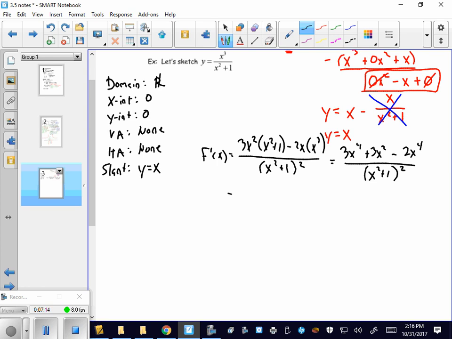Still simplifying because I want to be able to deal with this easily. 3x to the 4th minus 2x to the 4th just gives me an x to the 4th minus 3x squared all over x squared plus 1 squared. All right, we got to set that equal to 0. In this case, again, the denominator is never going to equal 0, so it's not going to have an undefined slope anywhere. Set the numerator equal to 0.